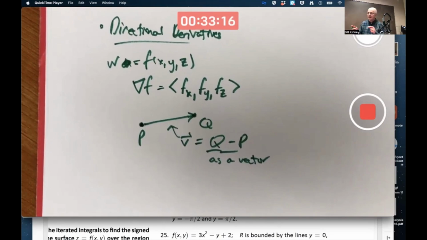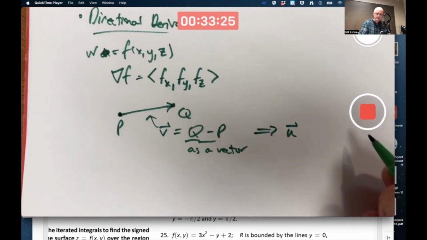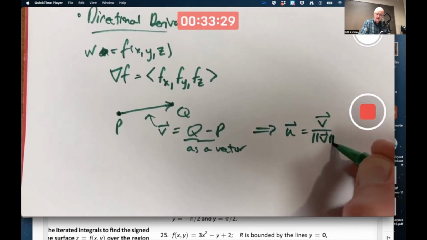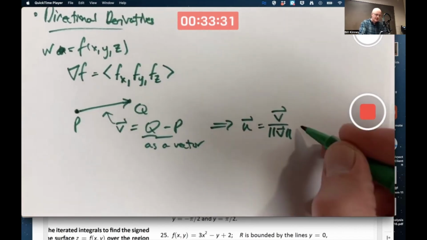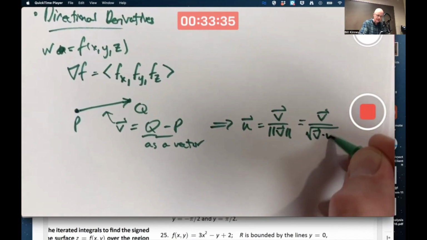And then don't forget, you'd want to find a unit vector in the same direction. Now I'll use a u vector. That's v divided by its magnitude, which I'll go ahead and also remind you is v divided by the square root of v dotted with itself.